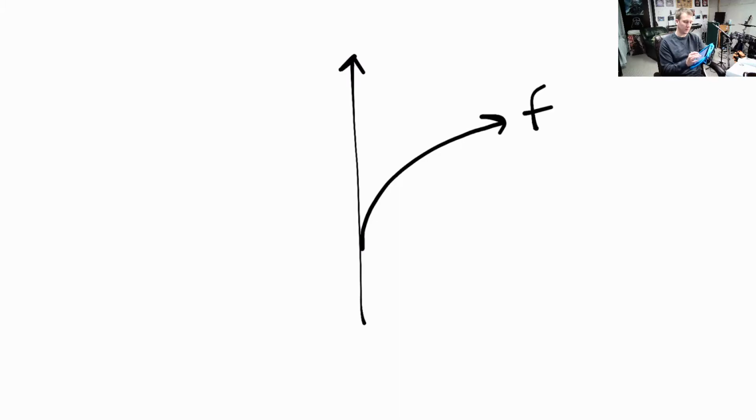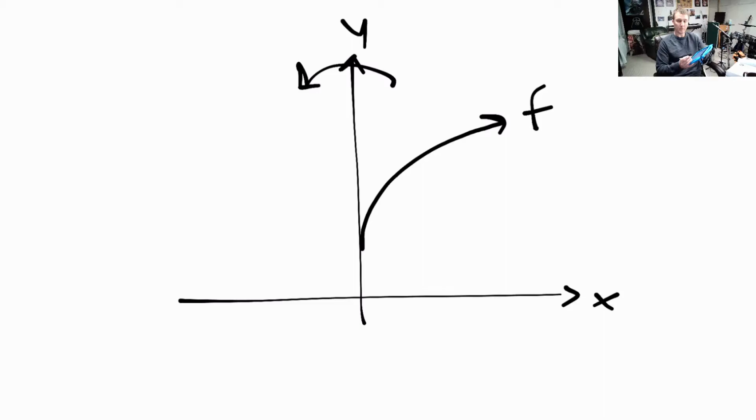Reflection across the y-axis is very similar. So this is our y-axis. If we have any graph, maybe something like this is our new function f. If we want to reflect it across the y-axis, in a similar way, we're going to look at this. If we take an x value, we usually get this y value, right?